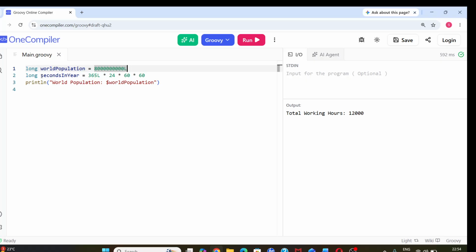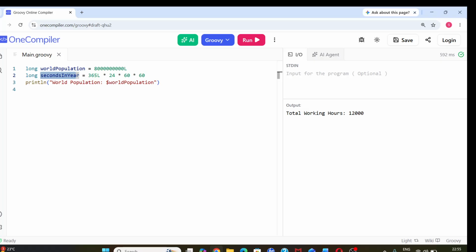Then here we have long secondsInYear equal to 365L multiply by 24 multiply by 60 and multiply by 60. This declares another long variable called secondsInYear.